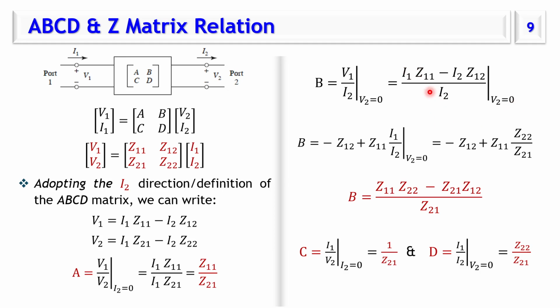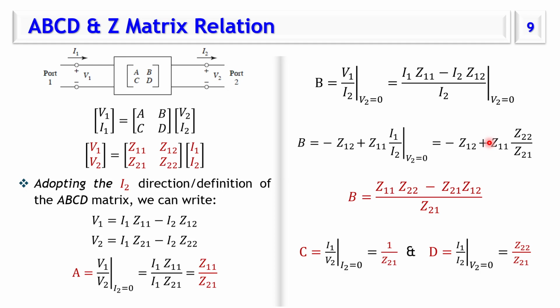This part will give us minus Z12, and the remaining part is Z11 multiplied by I1 over I2. As we said, when V2 equals 0, I1 over I2 will equal Z22 over Z21. And here is the expression for B. We can write it this way or leave it that way. It's the same.